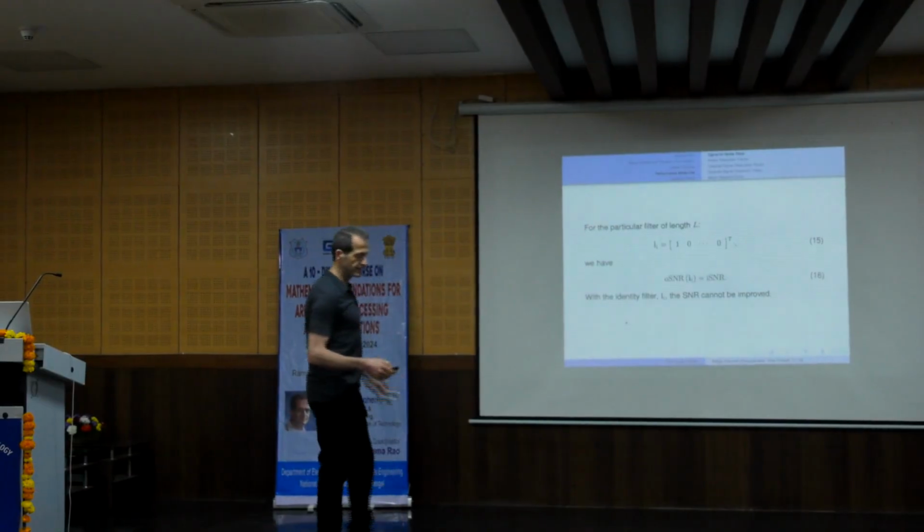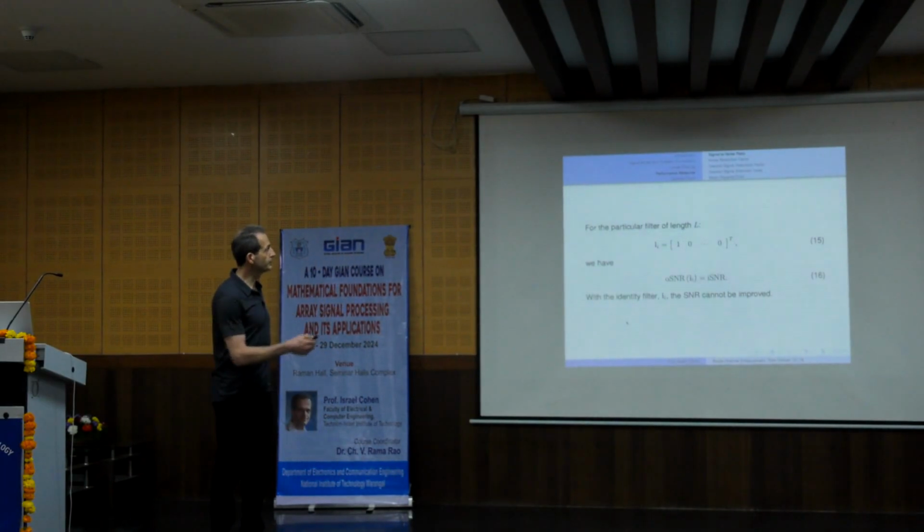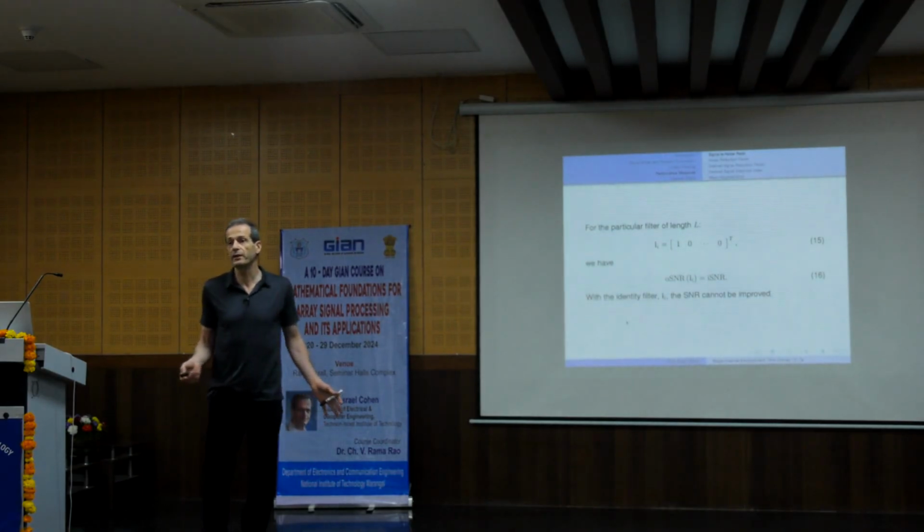After we define the performance measures, we will find optimal filters that optimize things. So this is the identity filter, just like I mentioned. If I have 1 and the rest is 0, and I take H equal to that, what happens? I don't do anything.